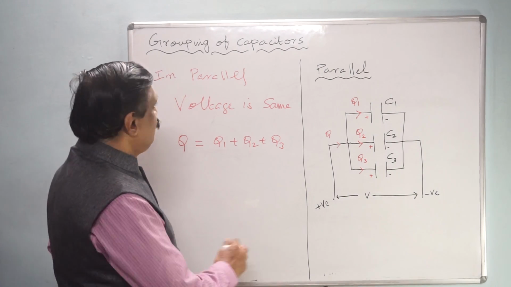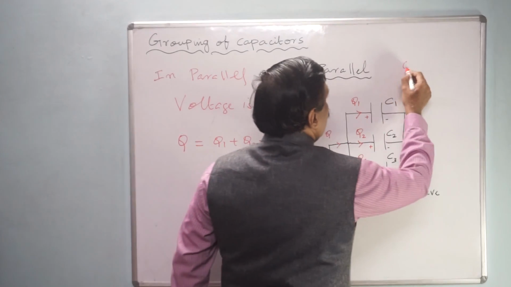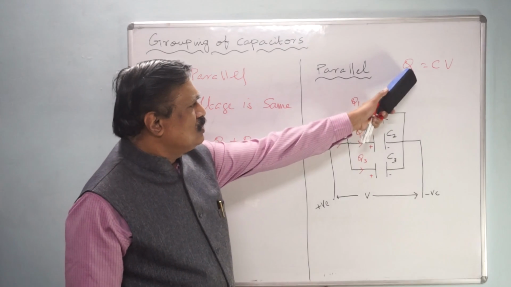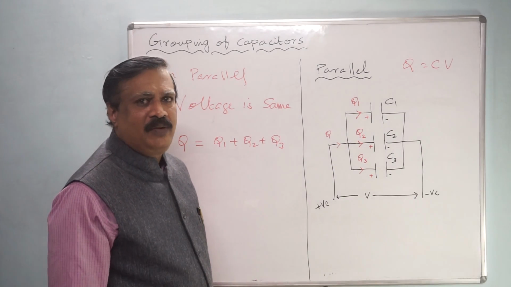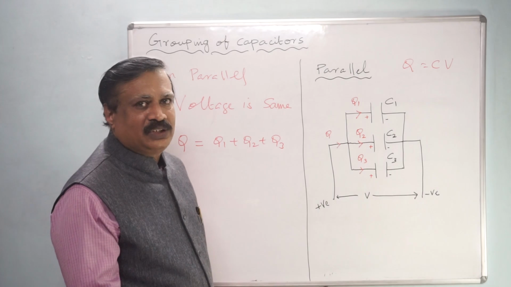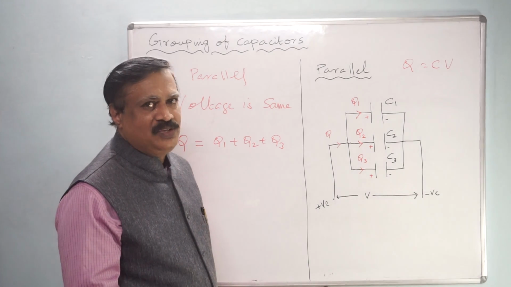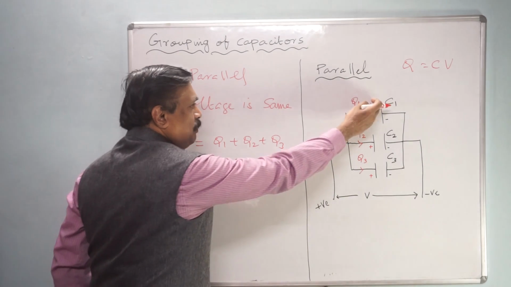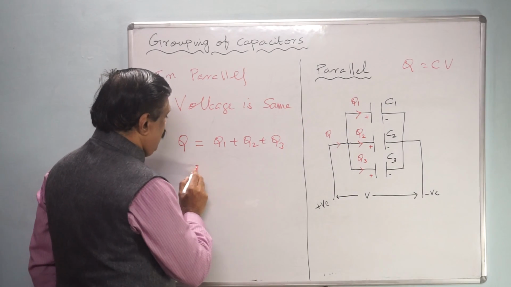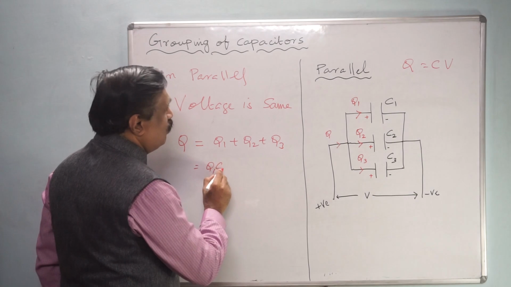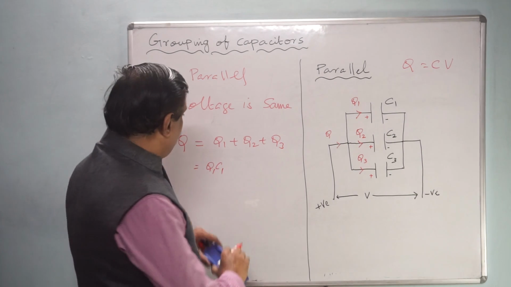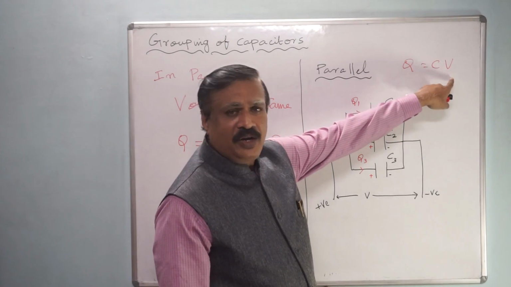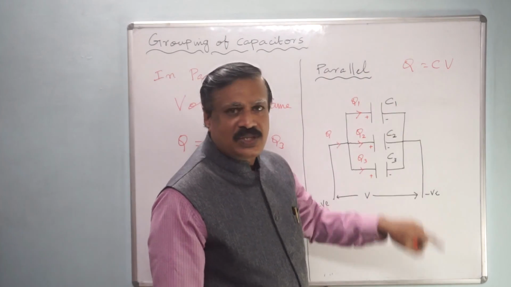Now what is the formula? Formula is Q equal to CV. Now you simply apply this formula. Q is for total charge, C is for the total capacitance, V is the voltage. Now for this capacitor C1, your value is Q1, C1, and V. But V is the same.